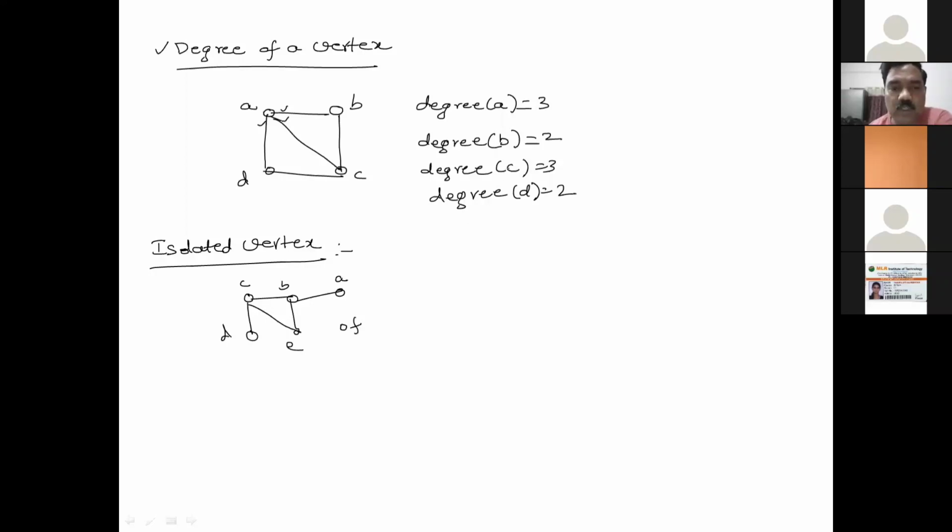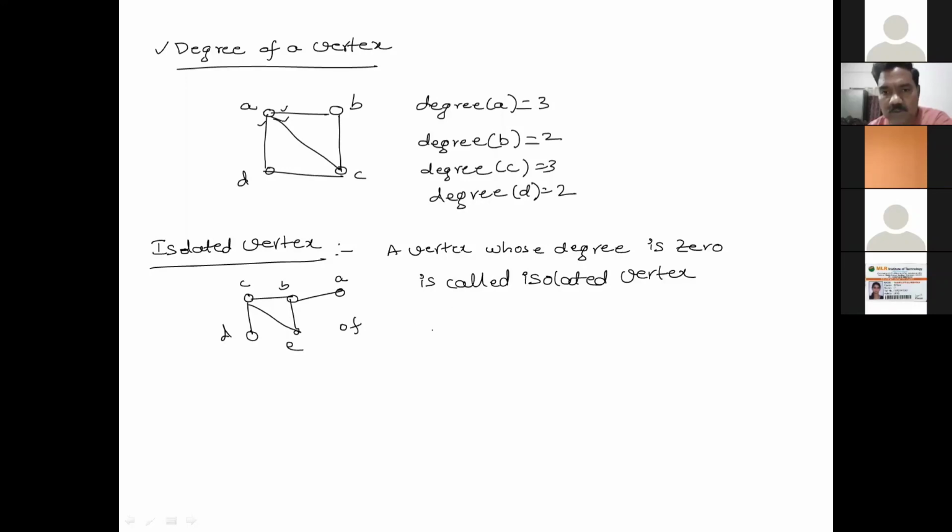So an isolated vertex is a vertex whose degree is 0. Is it fine up to this?